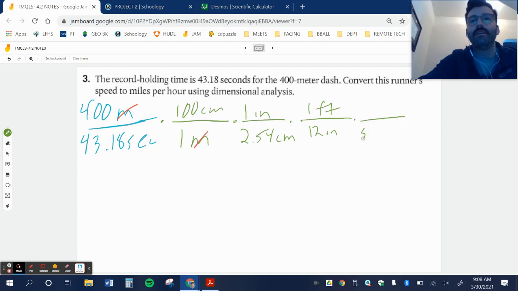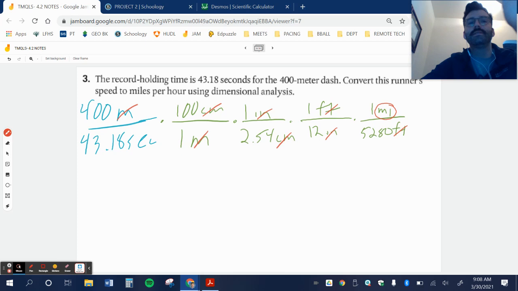And then 5,280 feet is 1 mile. So if I'm looking at the green portion, inches cancel, centimeters cancel, feet cancel. I'm left over with miles, so I did a good job.